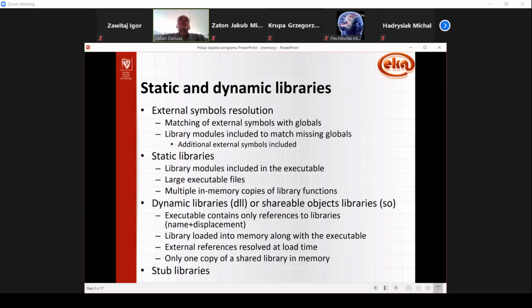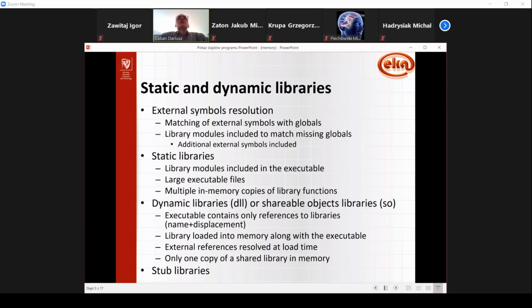Okay, in the case of Linux systems, they use a different name for those libraries. Since I will be telling you in a moment about the advantages of these libraries, they have based the name on one of the most important advantages of using such libraries. That means that you can share the same code in memory.